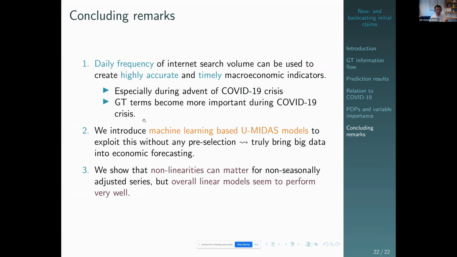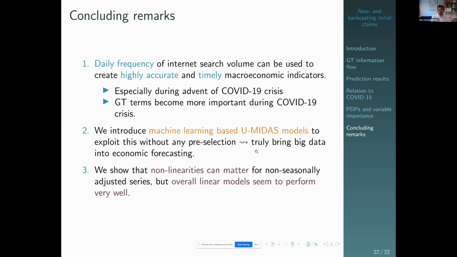So I can see I only have 1 minute left. As a concluding remark, we show again that daily frequency of internet search volume can create highly accurate and timely macroeconomic indicators. We introduce machine learning-based U-MIDAS models, which exploit this without any pre-selection.